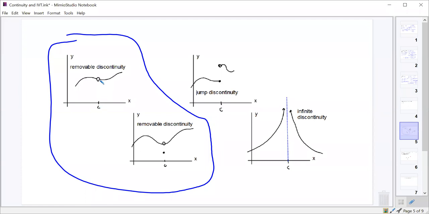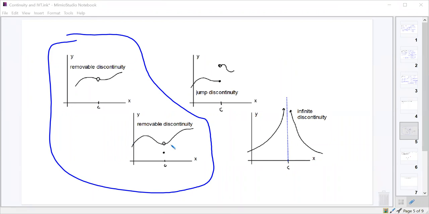No. So immediately it doesn't meet criteria number one. What about this second removable one? Does the function exist at c? Yes, so it meets the first criteria.